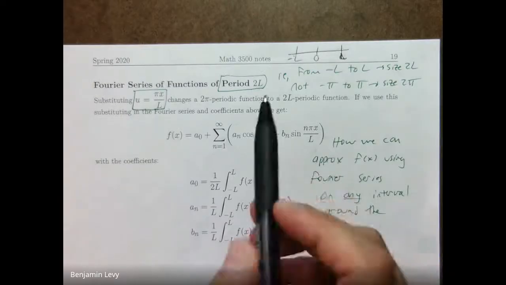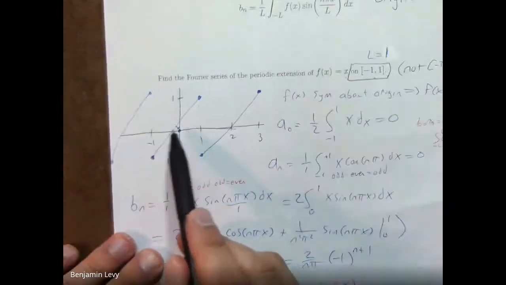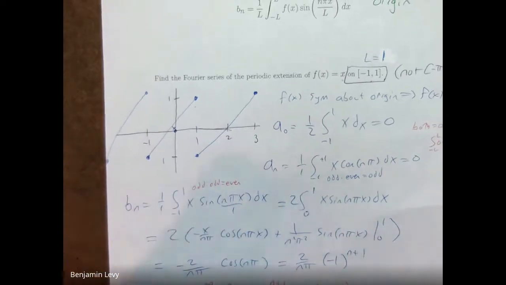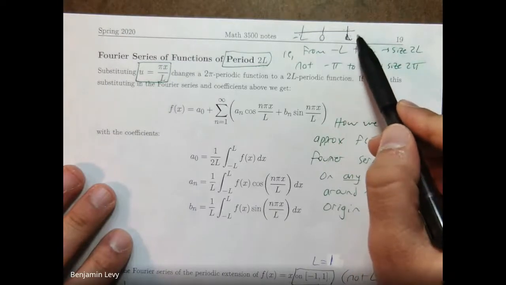So it has period 2L. This one had period 2, but it's 2 times L, and so 2 times something equals 2, and so L is 1 in that case. You just want to go out one side of the interval, so it's technically the same on the other side.